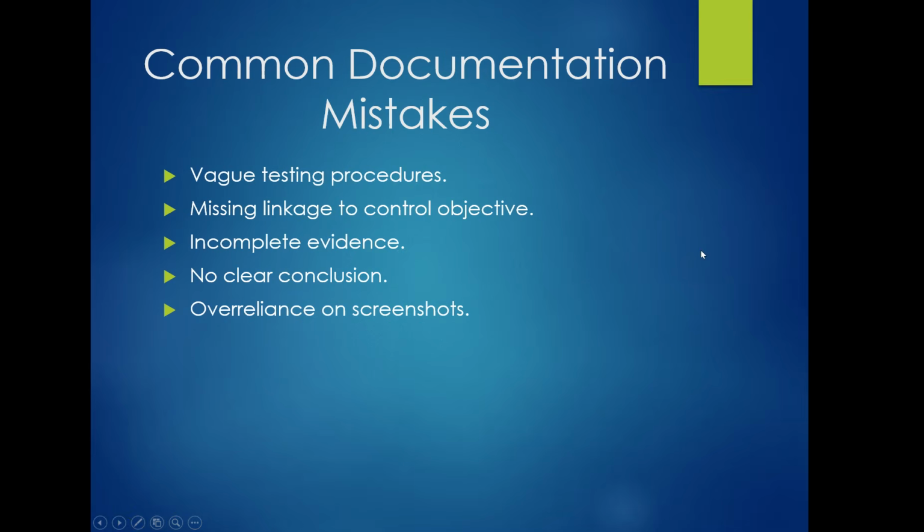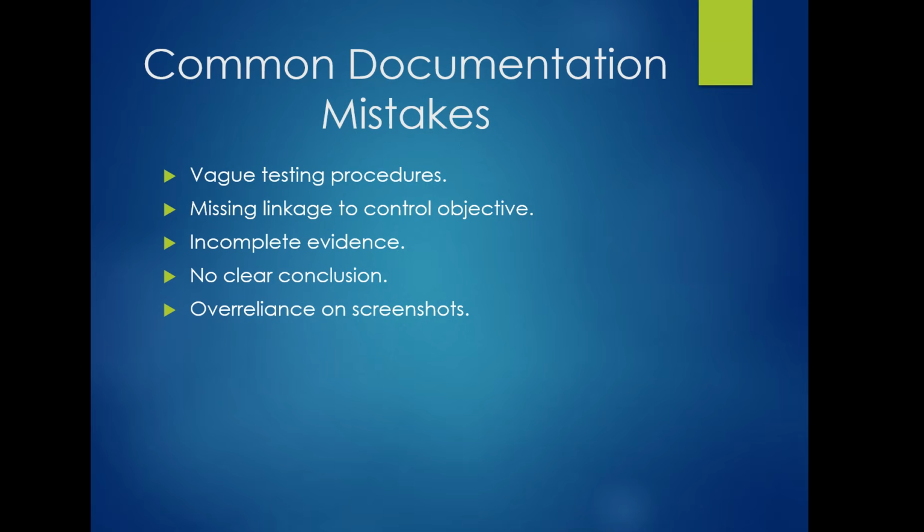These are some of the common documentation mistakes that occur most times. You have incomplete testing steps. Your testing steps are not clearly stated, or you have vague testing procedures. Lack of linkage to control objective.